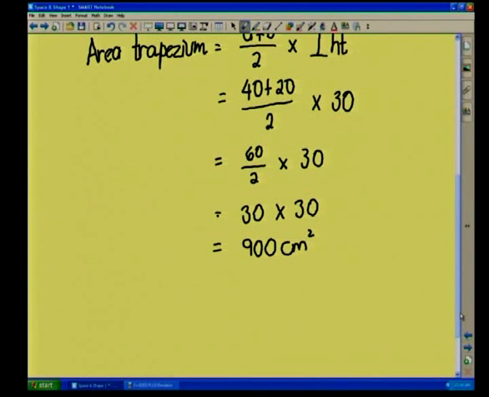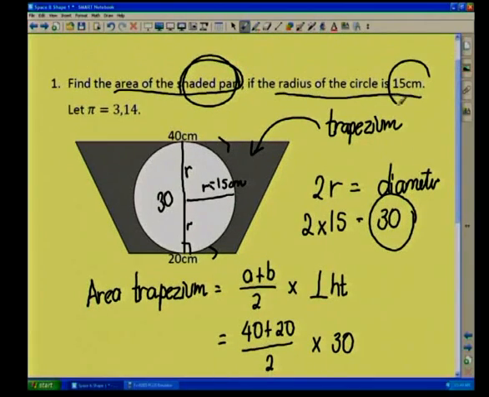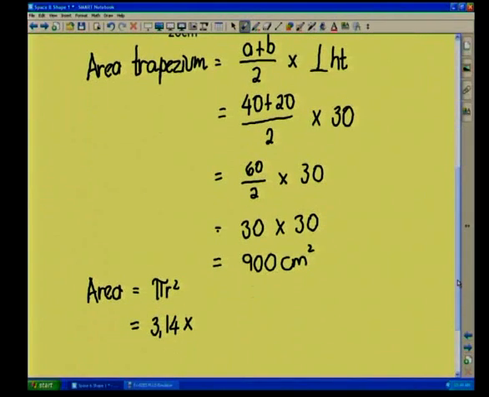Again, this formula would have been given to you, but you should actually know this one. It is equal to pi times your radius squared. 3.14 is what I'm going to use for pi, times my radius, and this is the part of the information that they have already given us, which is 15 centimeters. So it'd be equal to 15 squared.